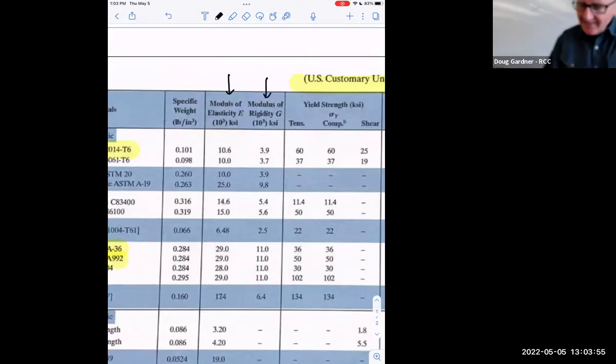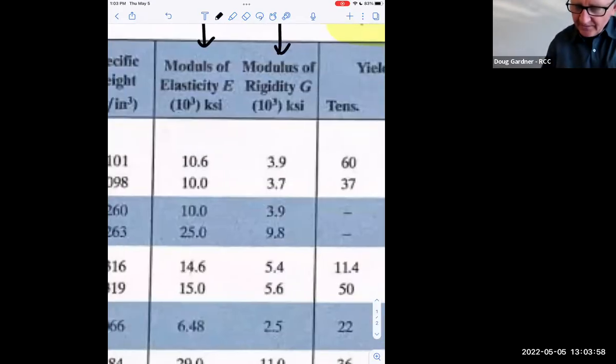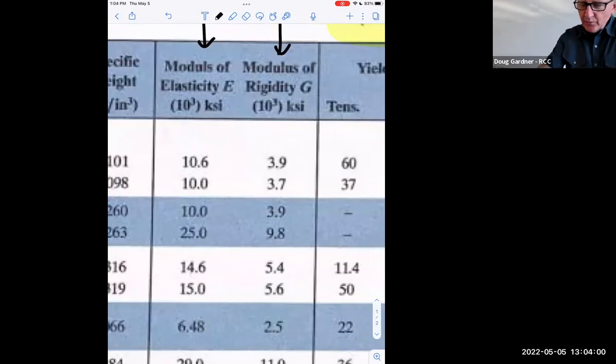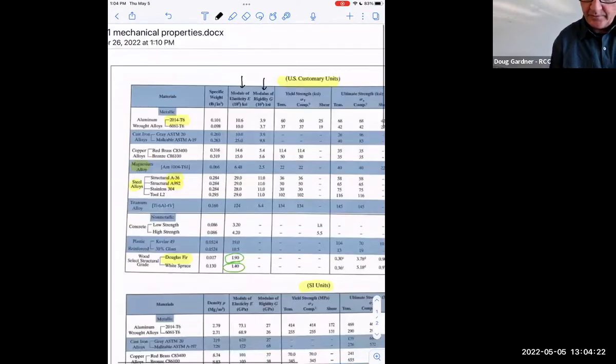Modulus of elasticity is E, but modulus of rigidity, they almost sound like the same thing, don't they? Rigid, elastic. I'm thinking elastic is just the flexible word for it, and rigid is like, well, not flexible. I stare at that and think, why is that in there? Is it the same exact thing? I don't really get it.